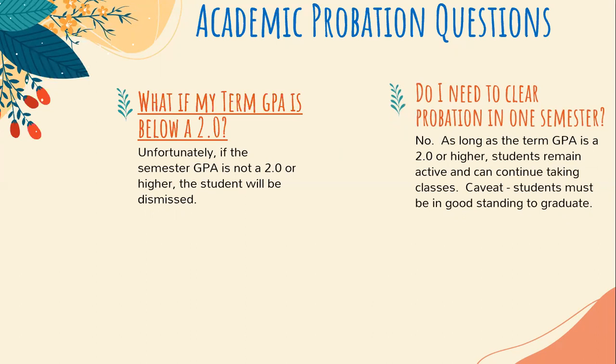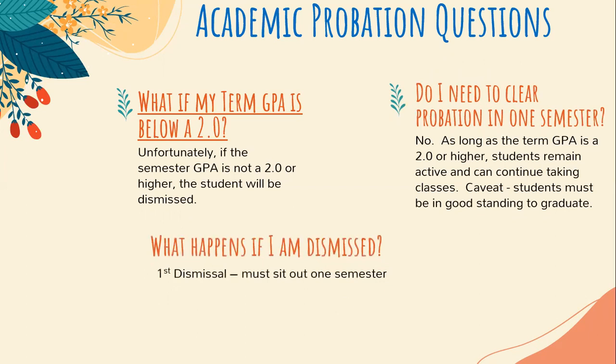The caveat to this is that students must be in good standing in order to graduate. So if you begin the final semester below a 2.0, then that UTSA GPA must be at a 2.0 or higher at the end of the semester in order to graduate from UTSA.